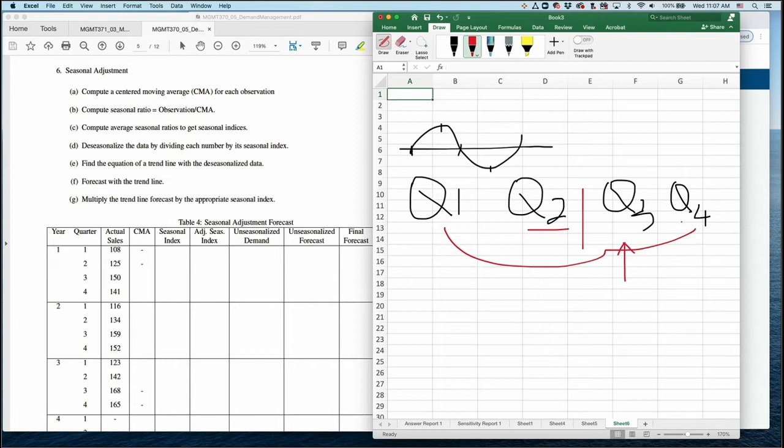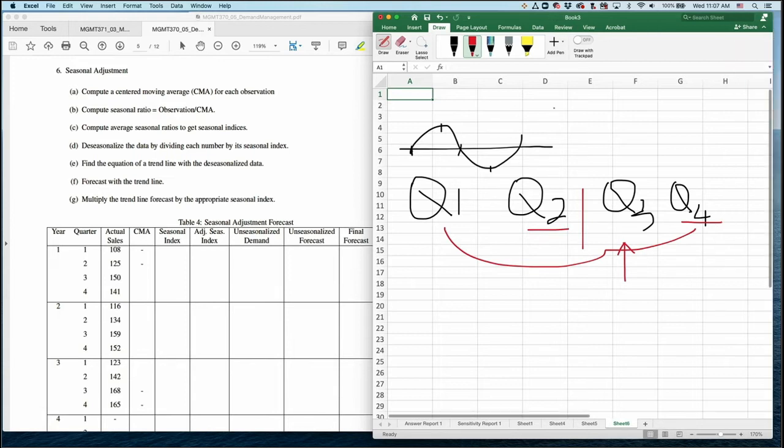Then we also need another Q1 to balance this period. So from the Q3 standpoint, we have one period early and one period later, Q3, Q2 and Q4, and at the same time we can take into account the Q1 and the Q1 again. But we don't need to take Q1 into account twice.